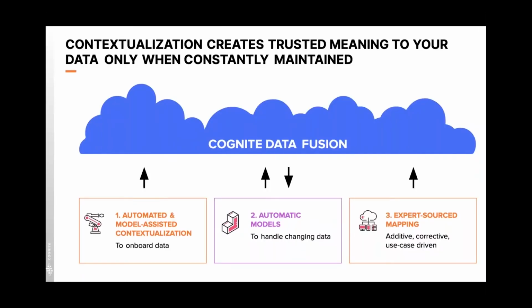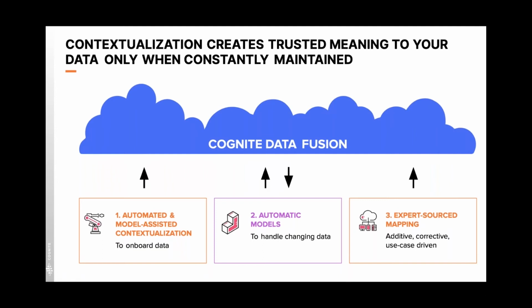And last but not least, this contextualization creates trusted meaning for your data, but it only does that when it is constantly maintained. One step is, of course, the onboarding of data. Therein we use an automated, model-assisted contextualization process.